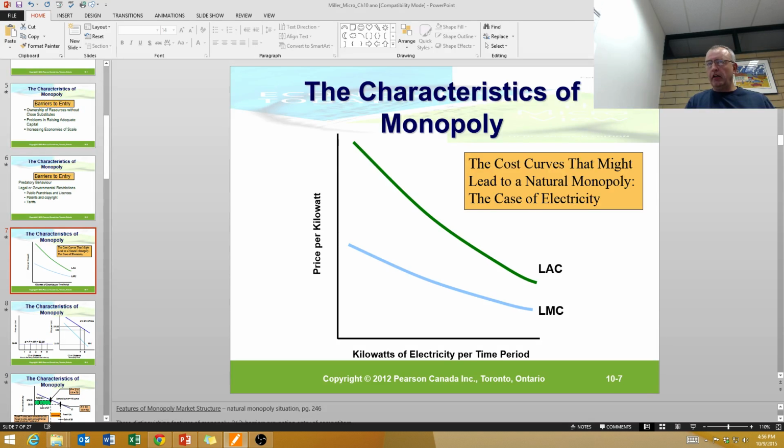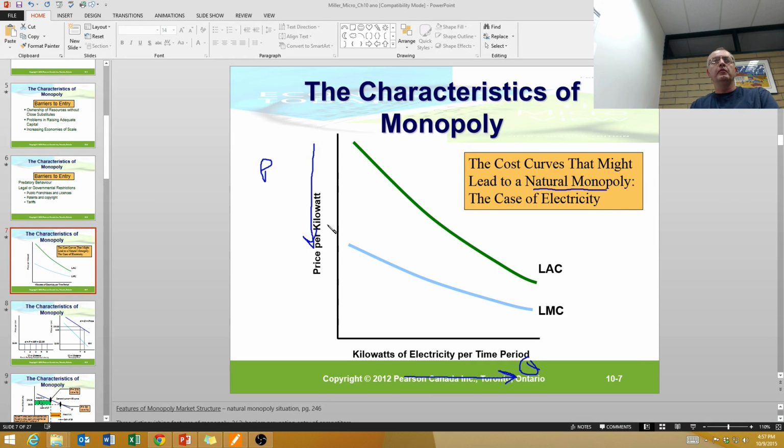One of these barriers to entry that we mentioned was having increasing economies of scale, and increasing economies of scale are associated with so-called natural monopolists. So in an industry with increasing economies of scale, as the total quantity of the product produced increases, long-run average costs decline.